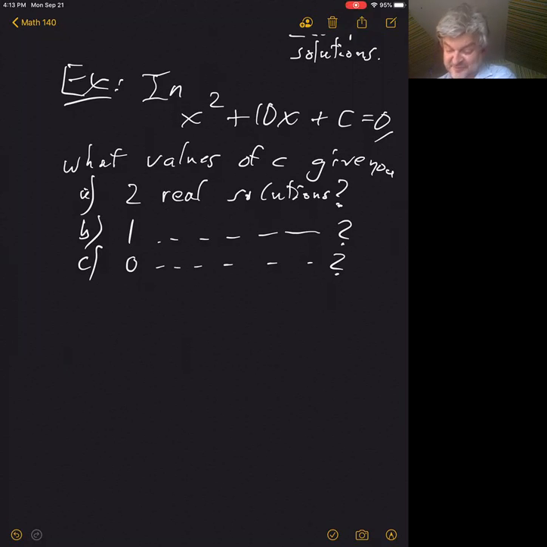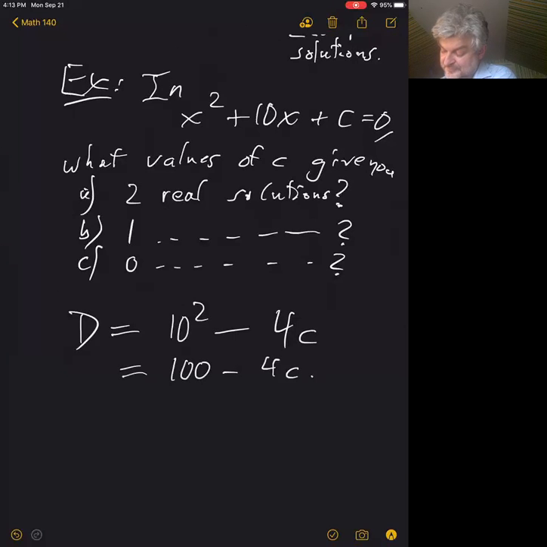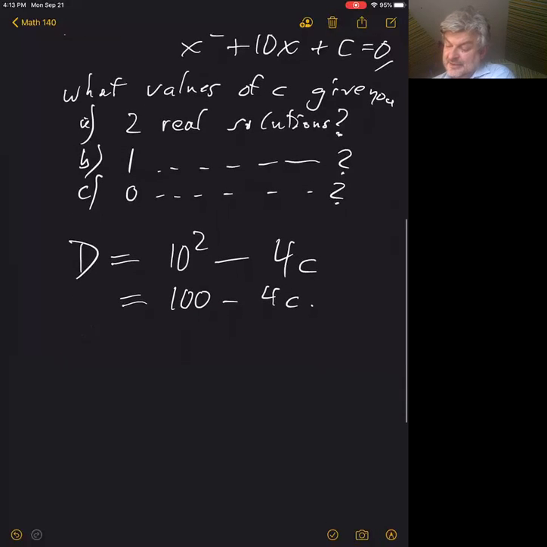You look at your discriminant, the capital D, which is b squared, that's 10 squared, minus 4 times 1 times c, so 100 minus 4c. And when is that positive?